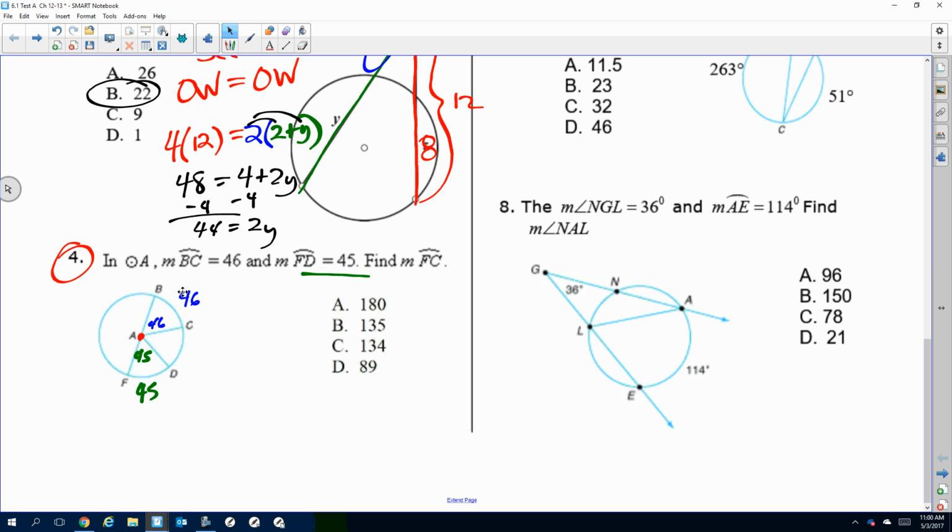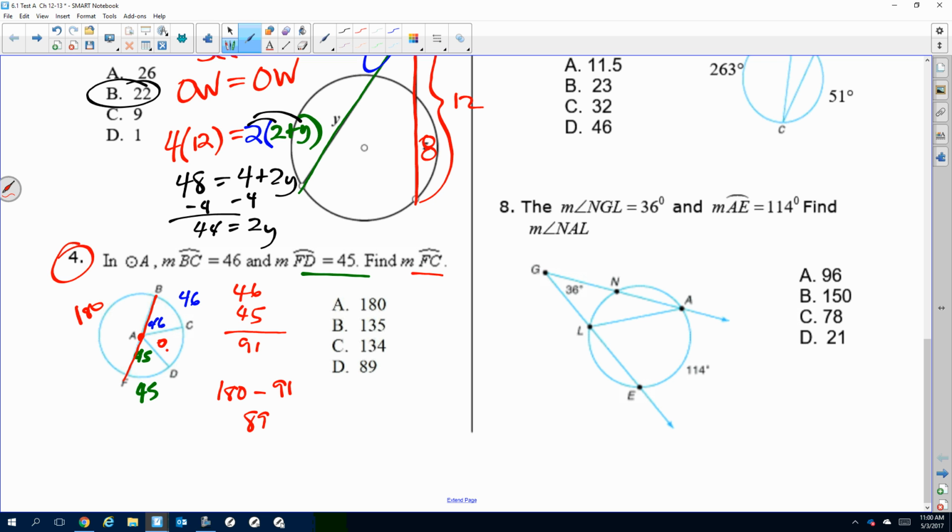Find FC. To find FC, I need to find this little piece right here. I know that A is our center, and this is a diameter, so it cuts it in half, 180. So basically, you needed to do 46 plus the 45 to get to my missing piece, because if I add those together, that's 91. 180 minus 91 is 89.